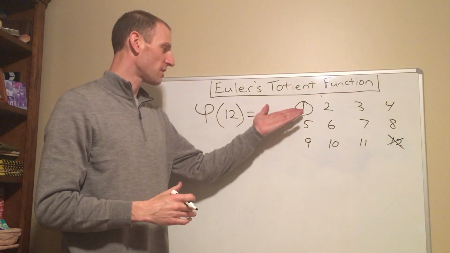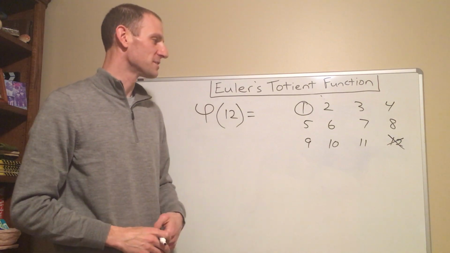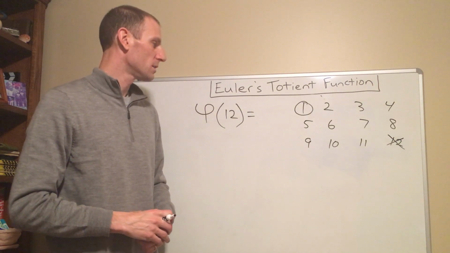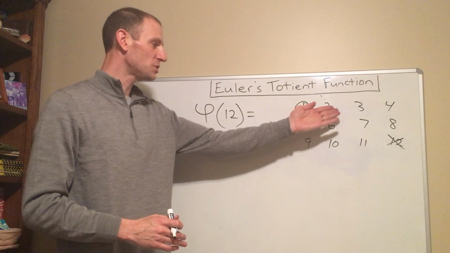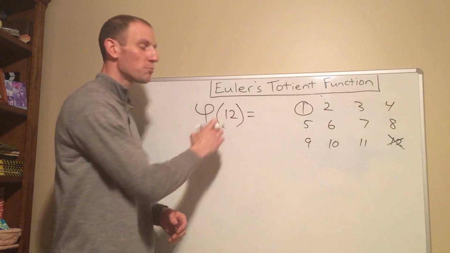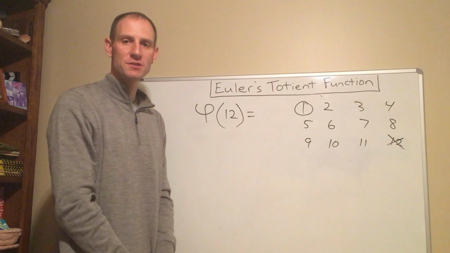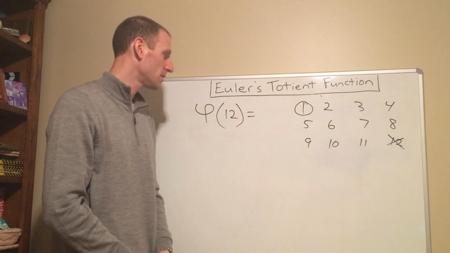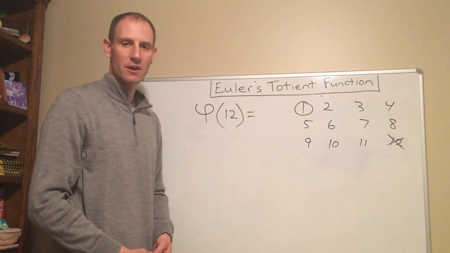If you would cross off the 1 and circle the actual number, you'll see that you would actually get the same answer as well. Now, we need to look at each number and see if each number is co-prime with the number 12. If the number shares any factor with 12 besides the number 1, then it is not co-prime.